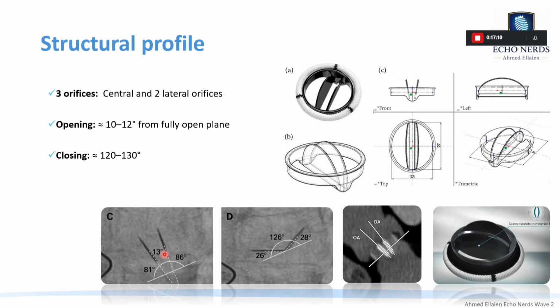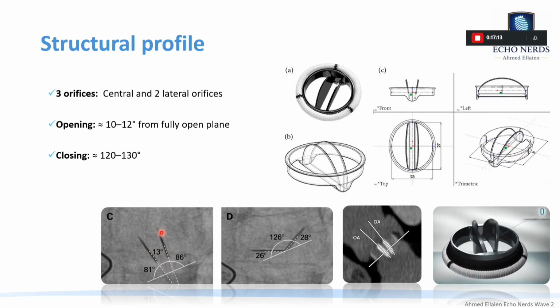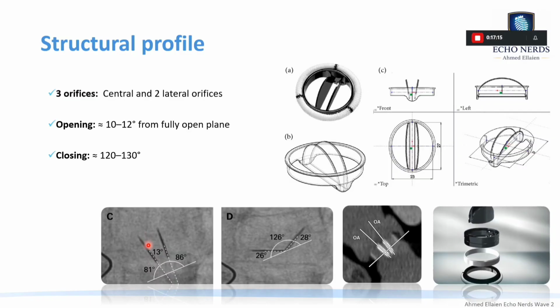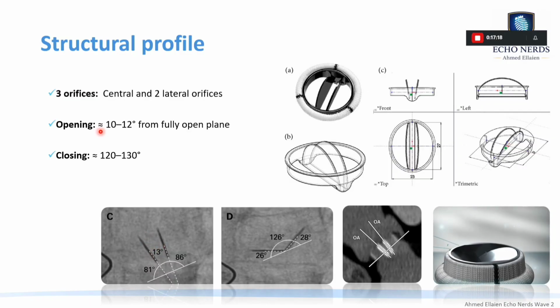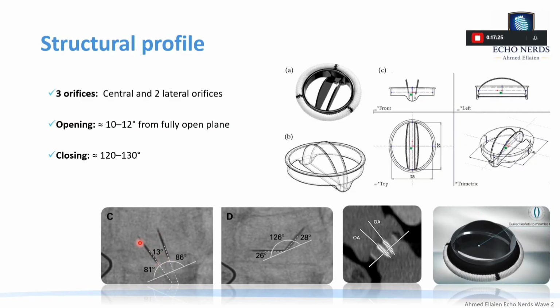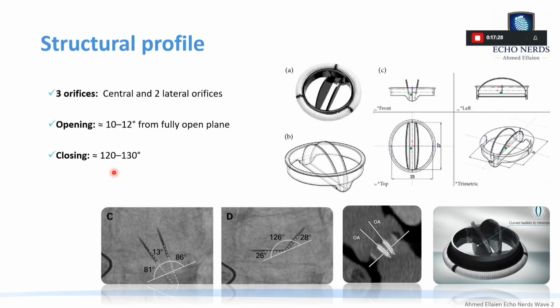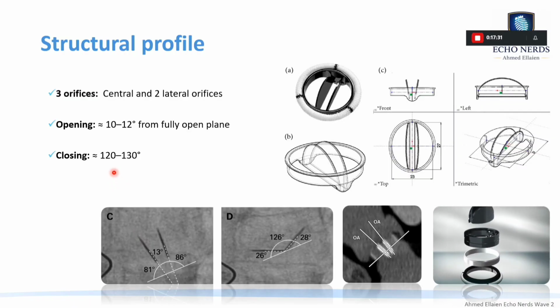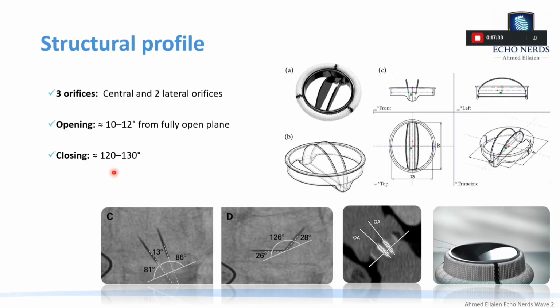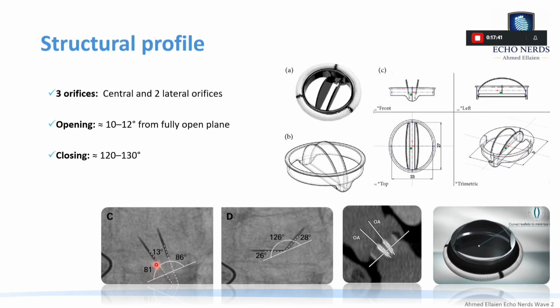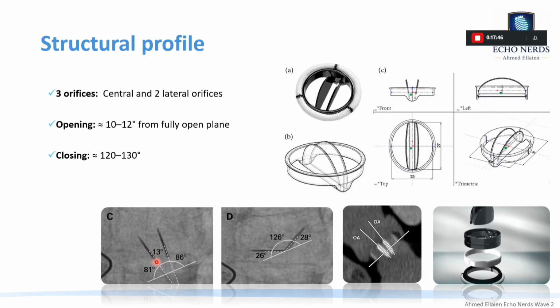Take care that the leaflets open by getting upright like this, with an angle of 10 to 12 or even 13 degrees between both leaflets. So the leaflets are not 100% vertical, but nearly vertical, making an angle of 80 to 85 degrees with the horizontal plane. So this is the normal opening position.